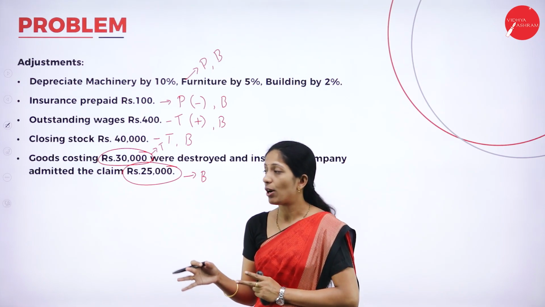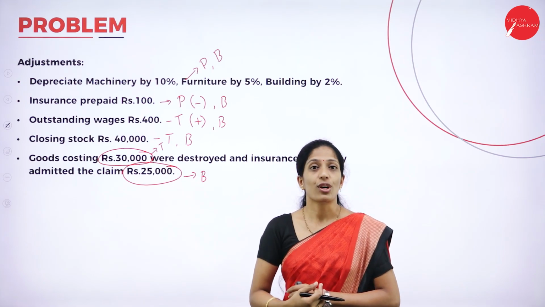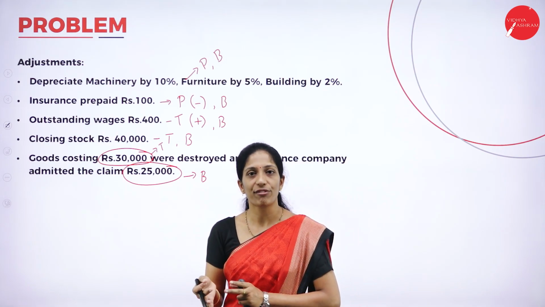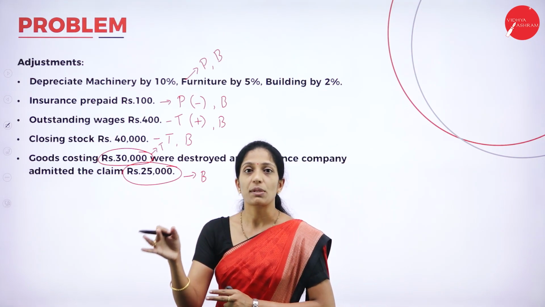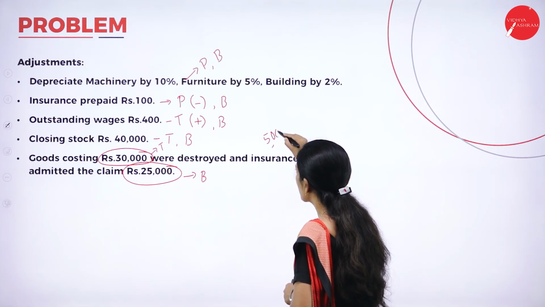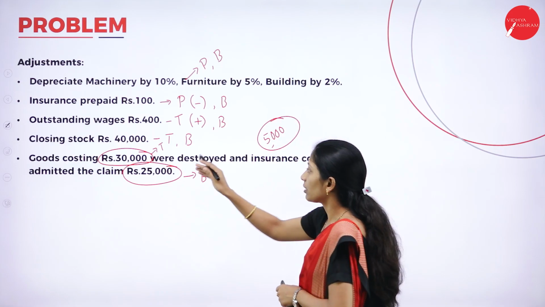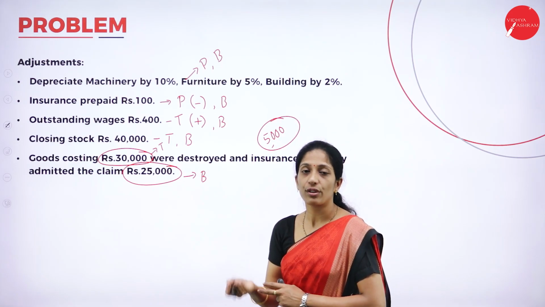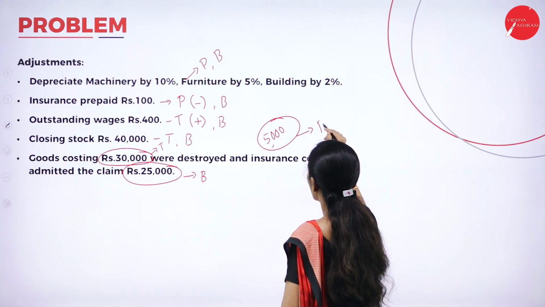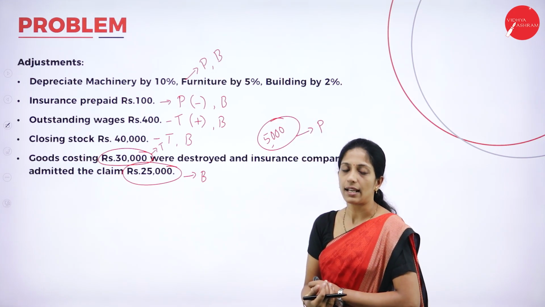But see the difference: the goods destroyed are 30,000, but the claim we got is only 25,000. So 30,000 minus 25,000, the remaining 5,000, is a loss. So we'll record 5,000 in the profit and loss account, on the debit side.